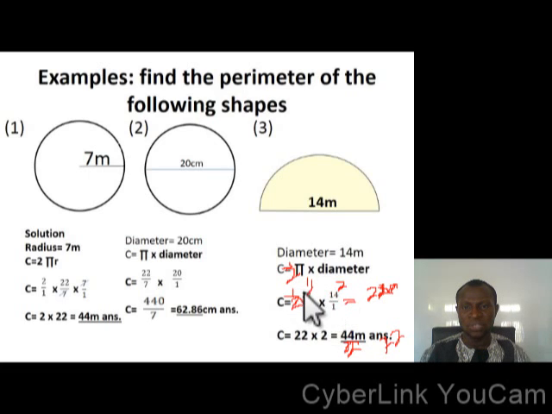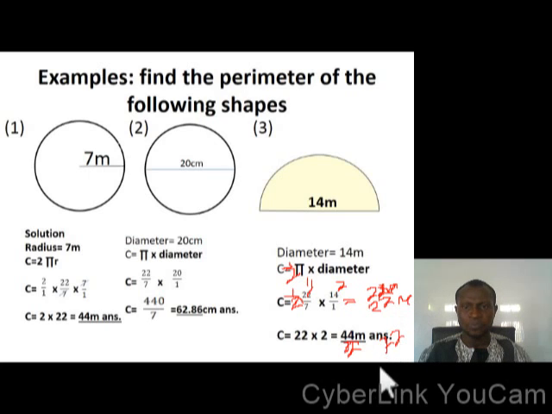Then 2 divide 22 will give us 11. So we are left with 11 and 2, which will now give us 22 as our answer, just like I demonstrated already. 22 what? Meters. 22 meters.